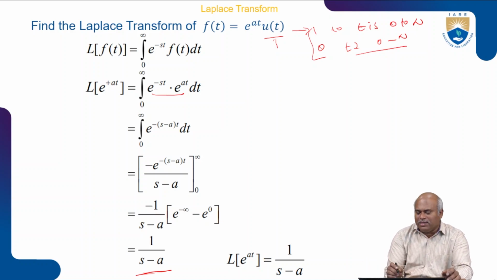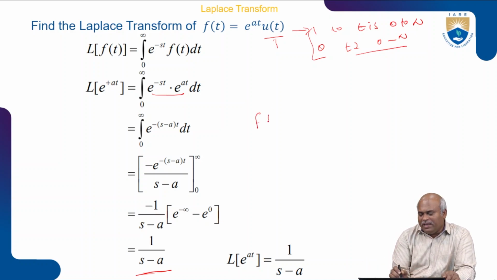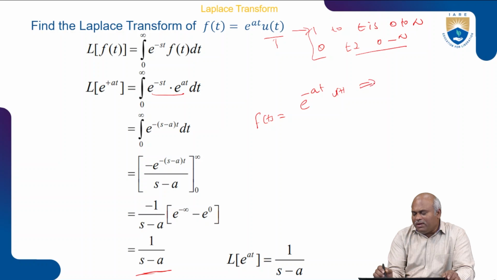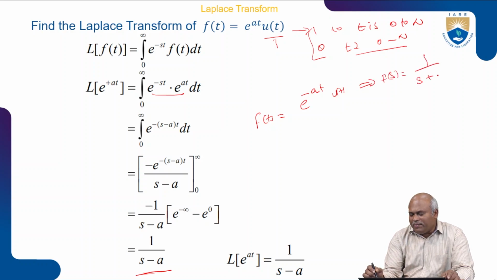See, in the last sum, f of t is taken as e power minus at u of t, and we got F of s equal to 1 by s plus a.